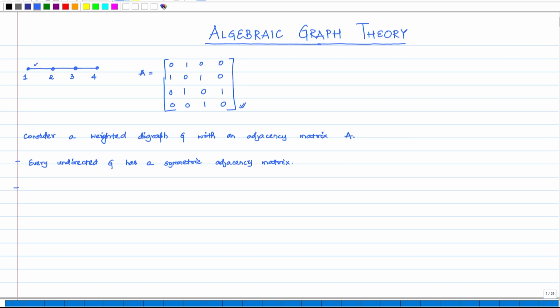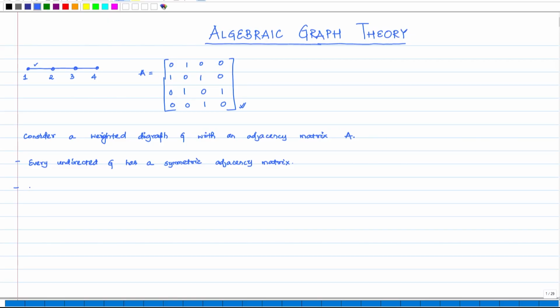Of course, the matrix associated with a digraph can also be symmetric in nature, but that is not true in general. So, here we have A equals A transpose. Now, let us talk about another property associated with digraphs.